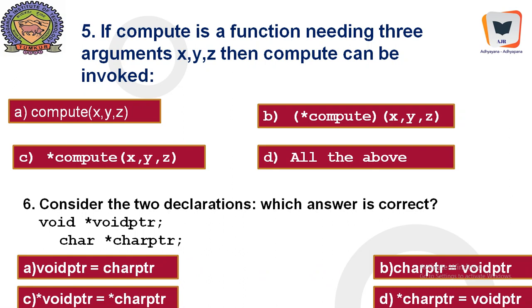Therefore it is always reasonable to equate a void pointer to a character pointer. We can always do like this, because this contains empty, and the character pointer will be filled into this, and both of them will be addressing the same location.